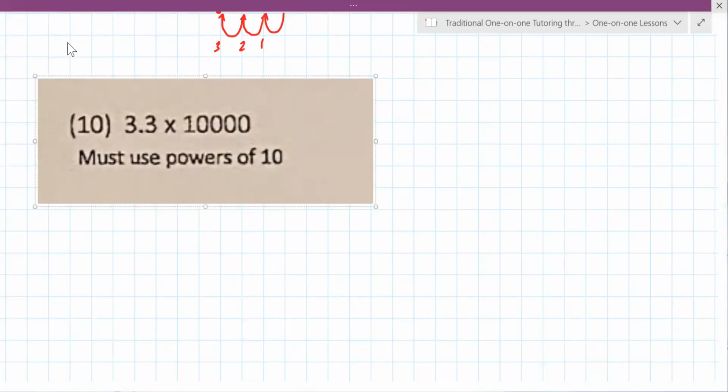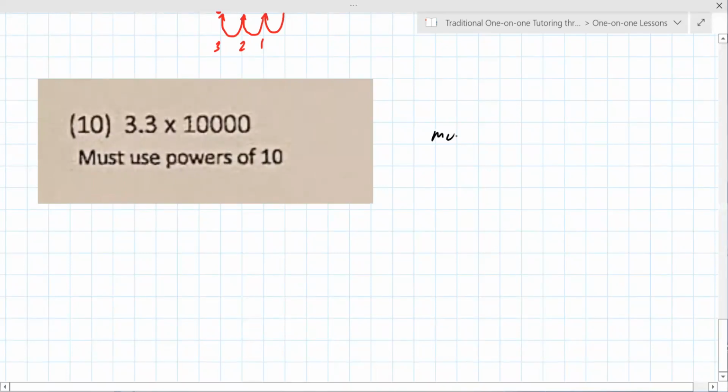1, 2, 3, 4. So then is number 10, 33... 3,300,000, no, 330,000. Is it that? No. So let's just move the decimal over 4 times.